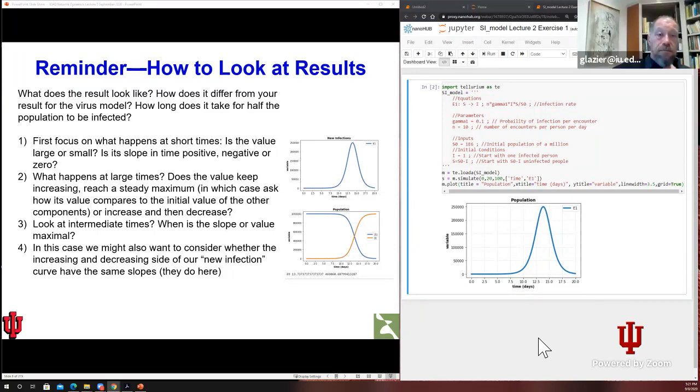And then I say look at intermediate times. In this case, the system isn't monotonic. I go up and then I go down. If I see something like this, the natural things to ask are, what time is the peak? How big is the peak? Here, the peak happens around 14 days. The value of the peak is somewhere around 250,000.